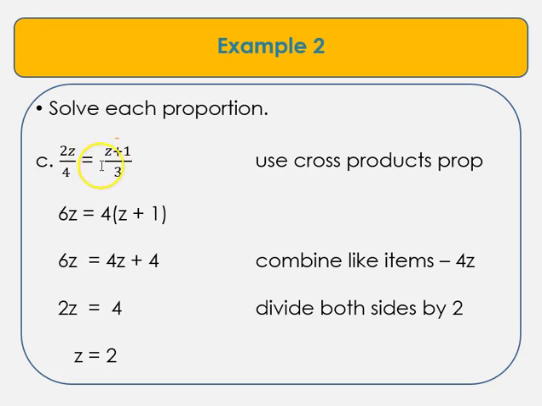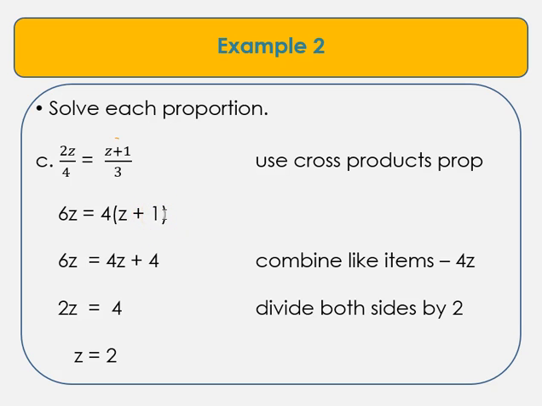And quite a few of our problems will have mixed numbers or combinations of numbers in your numerators. We're going to still use the cross products property. So we multiply 3 times 2z, which is 6z. And I put an extra step in here.